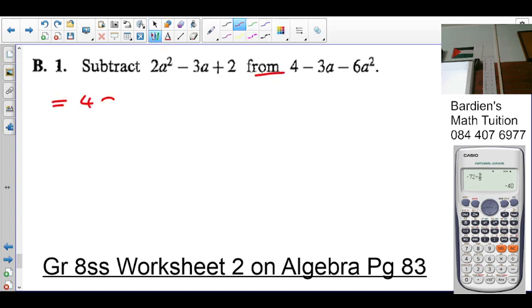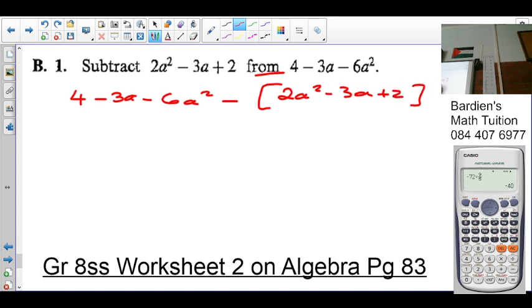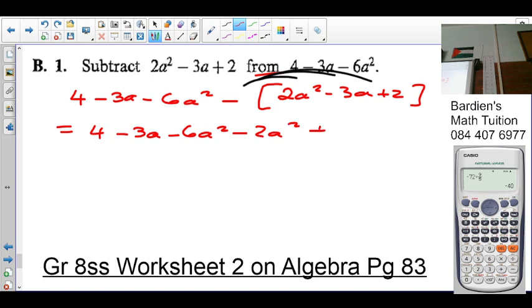So it's going to be 4 minus 3a minus 6a squared minus, and there must be a bracket here, 2a squared minus 3a plus 2. Okay. What do we do now? To get rid of the brackets, we multiply it in. So it's going to be 4 minus 3a minus 6a squared minus 2a squared plus 3a minus 2.